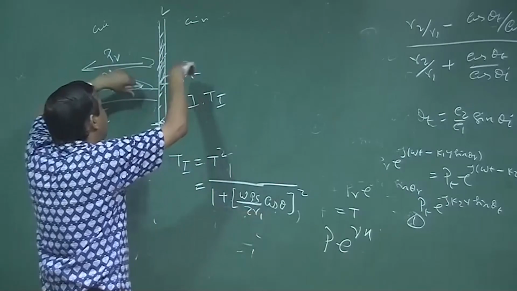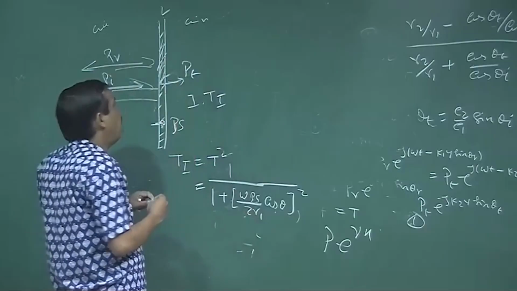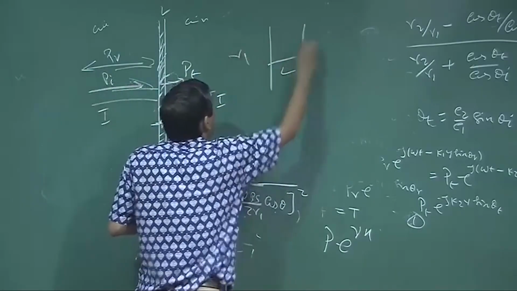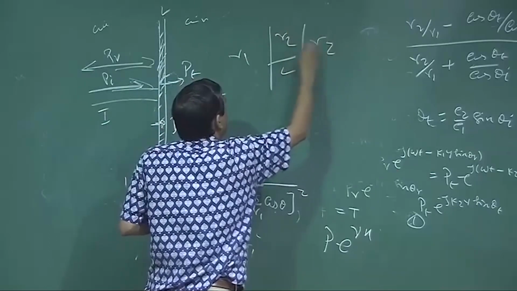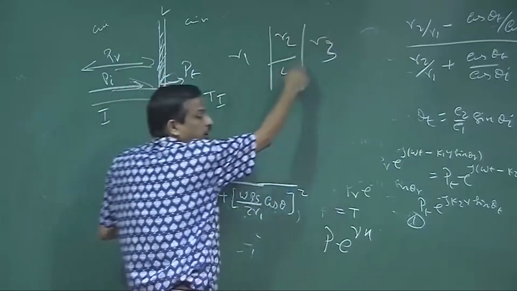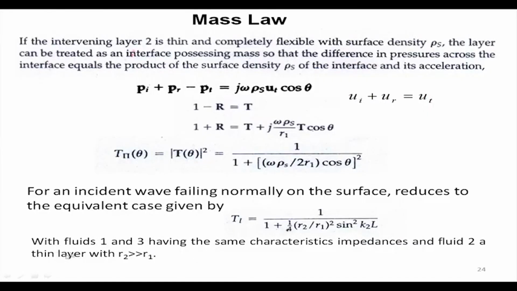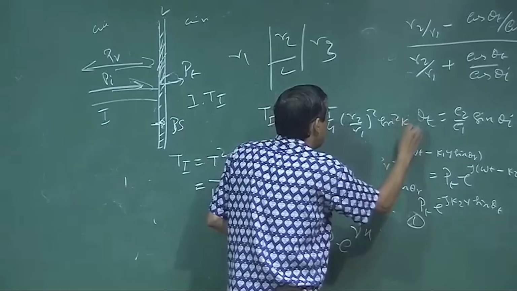Now, if you think about the previous case, when we said that the intermediate layer length is L, this is R1, this is R2, this is R3. So, here R1 is equal to R3. So, for the normal incident case in the fluid, Ti is nothing but 1 by 1 plus 1 by 4 R2 by R1 whole square sin square K2L.